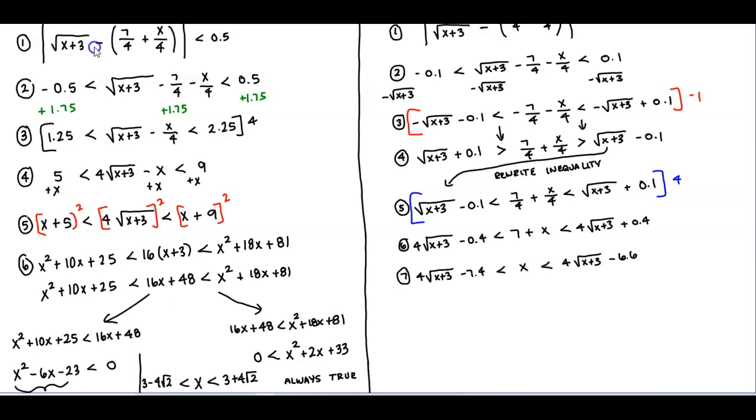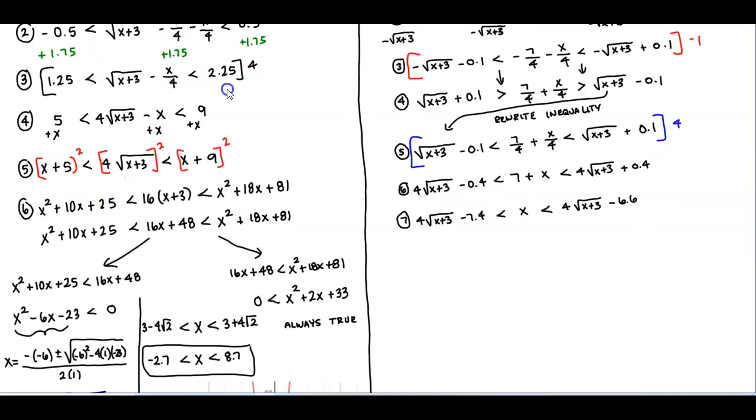Okay, so now we're going to split this up into two different inequalities. So the first inequality is 4 times the square root of x plus 3 minus 7.4, and that's less than x. And over here we have x, which is less than 4 times the square root of x plus 3 minus 6.6.